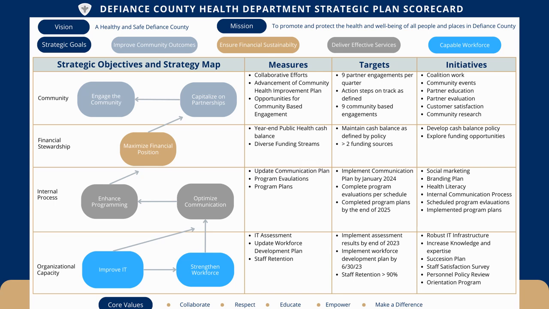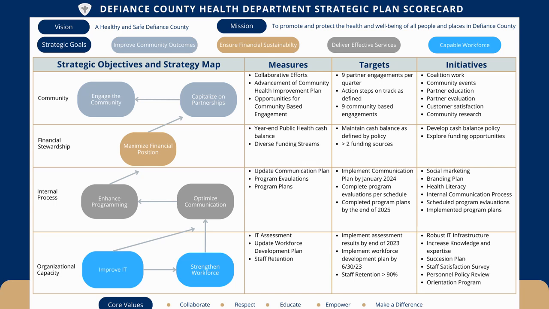The strategic goals did change since our last cycle. And in a balanced scorecard, you will have strategic perspectives. Along the left side of the screen, you'll see our perspectives are community, financial stewardship, internal process, and organizational capacity. So the goals, again, at the top of the screen, align with each of these strategic perspectives.